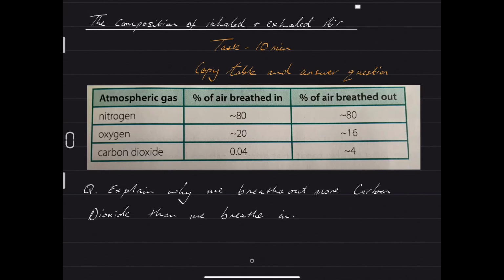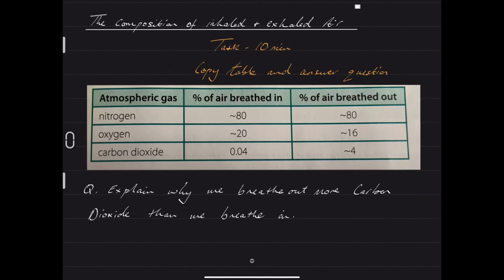Now, for the percentage of the air breathed in, we say it's approximately 80% nitrogen, approximately 20% oxygen, and 0.04% carbon dioxide. If you compare this to our previous lessons on the atmosphere, when we looked at air pollution and the standard composition of atmospheric gases, you will see that these numbers are similar, i.e. for the percentage of air that we breathe into the lungs.